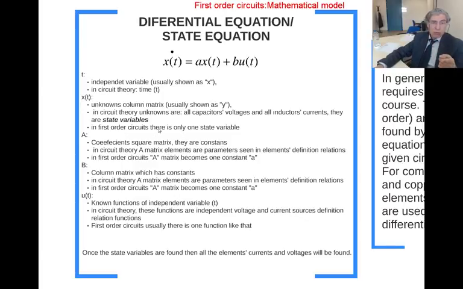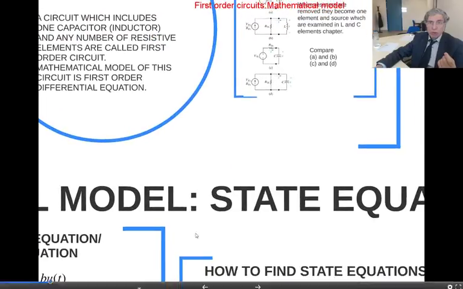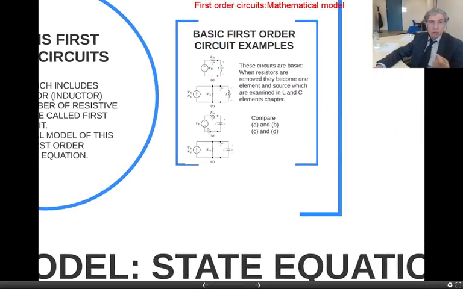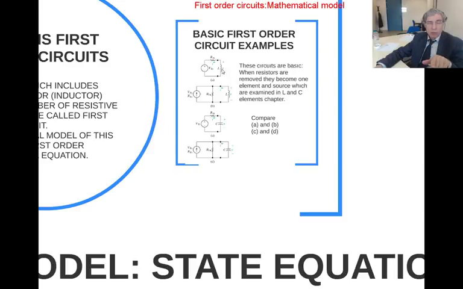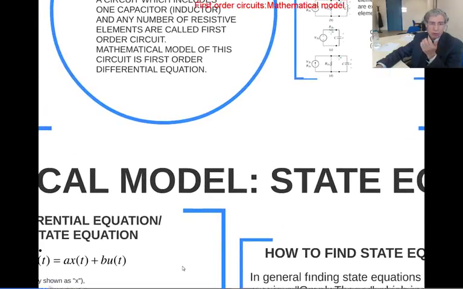In a first order circuit, there is only one state variable. For example, in this first order circuit with one inductor, the state variable is going to be the inductor current. For this circuit, it is going to be the capacitor voltage.